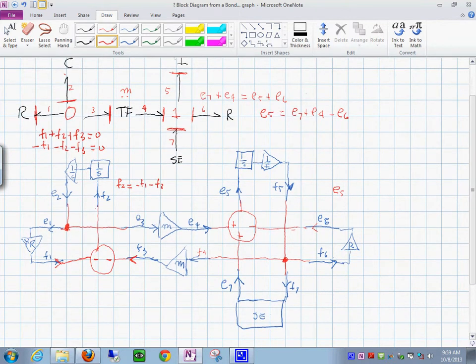And as I emphasize, not because the bond graph needs the block diagram, or the opposite. We are only doing this to establish a procedure where you can actually understand the internal workings of the system and the equivalence between the bond graph approach and the block diagram approach.